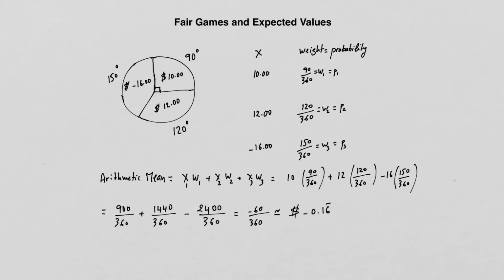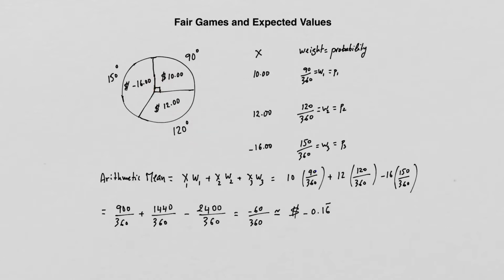So imagine you have a dart board or whatever you want to call it, and it's split into three regions, and each region is assigned a dollar value. So you throw a dart, and if you hit this area representing a 90-degree angle, I put 90 outside. Usually we write 90 here, but I don't want to make the circle look messy.